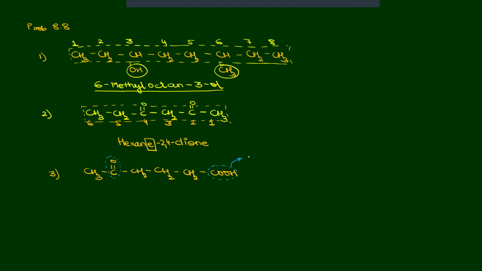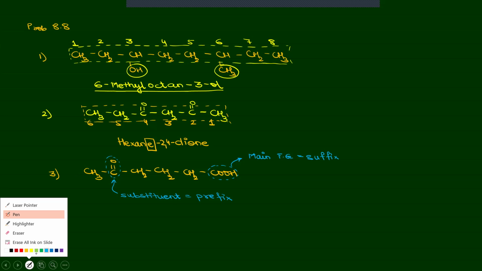Priority goes to the COOH. Once again, this becomes the main functional group, for which we'll pick up the suffix from the table, and the ketone becomes a substituent, for which I will be using the prefix. And if you observe from the table, the prefix for the ketone is given as oxo.